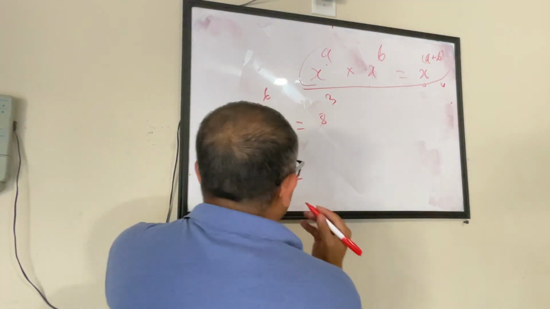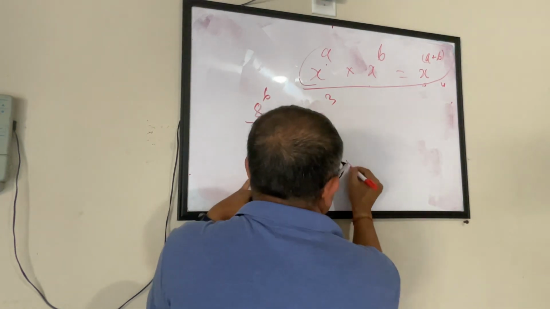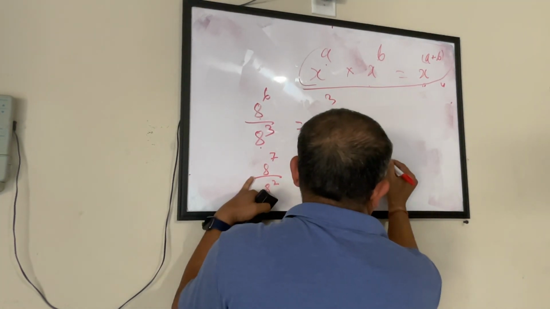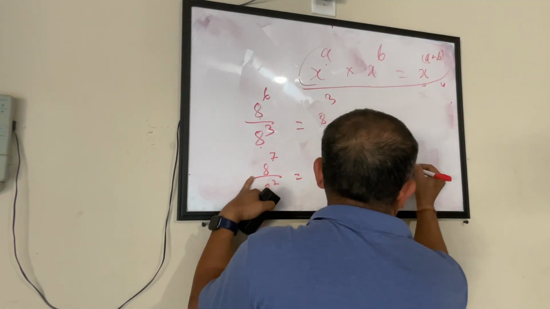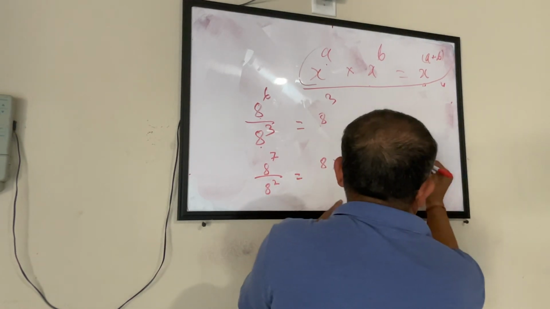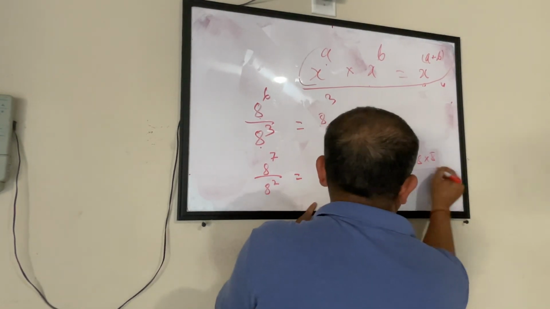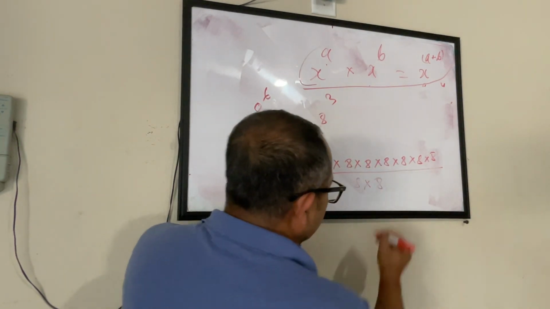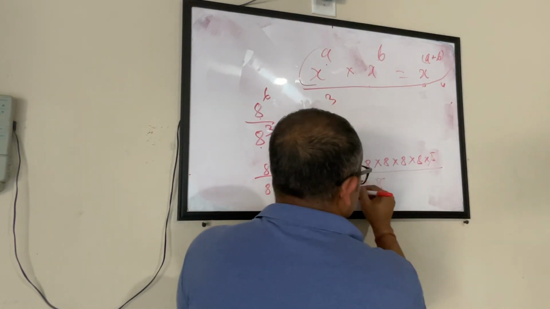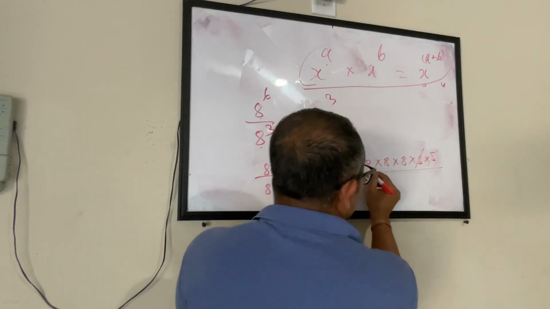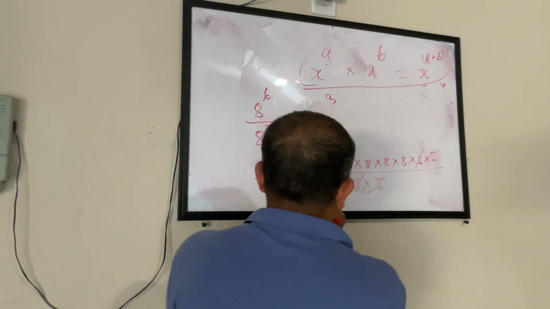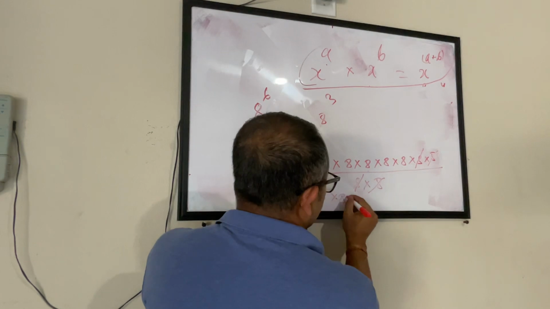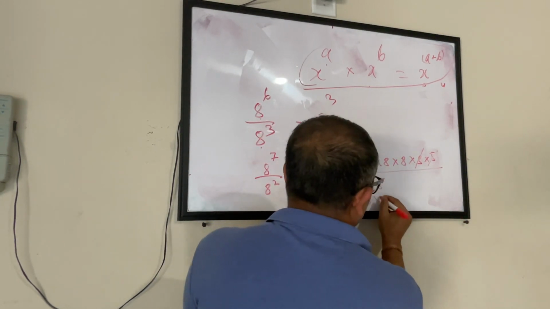Now this is 8 to the power 7. That is simple. 8, 7 times. And then 8 to the power 2 is 8 into 8. What happens here? First 8 gone, second 8 gone. How many 8s are left? That is 5 times. 8 into 8 into 8 into 8 into 8.